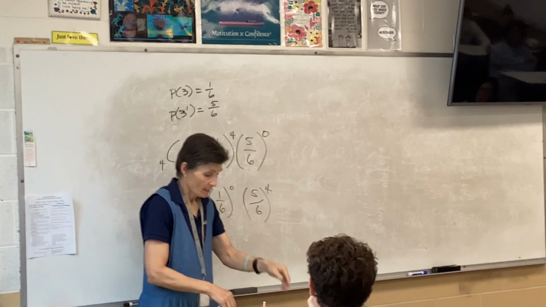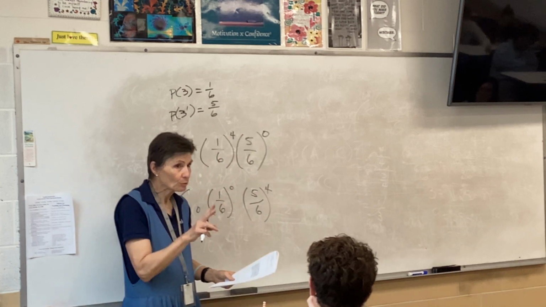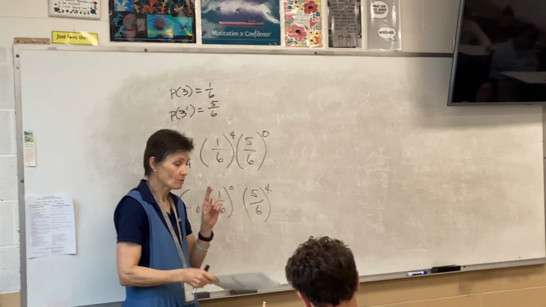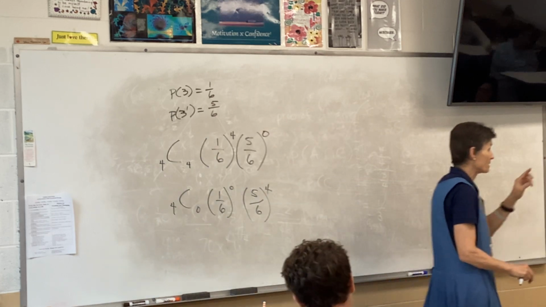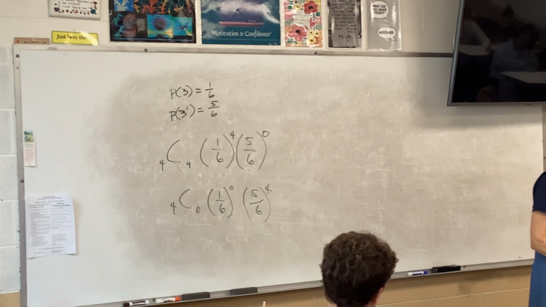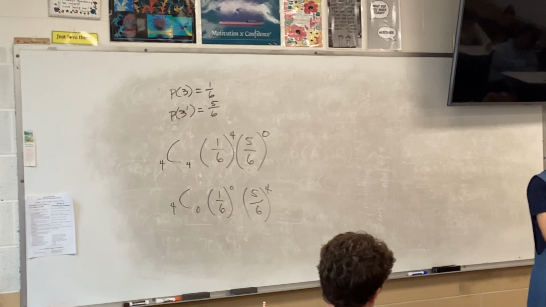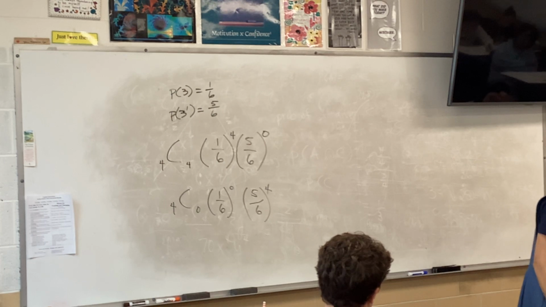Now, exactly 2 3s. Now here's the deal. If you're rolling exactly 2 3s, could it be the first 2 rolls? Could it be the second and the 4th roll? Yeah. The order of the 3s doesn't matter. I don't care when I get them.